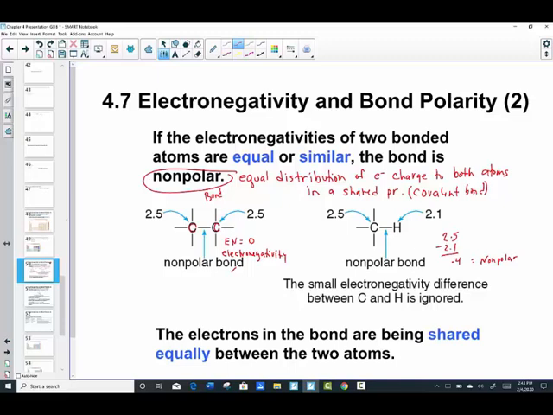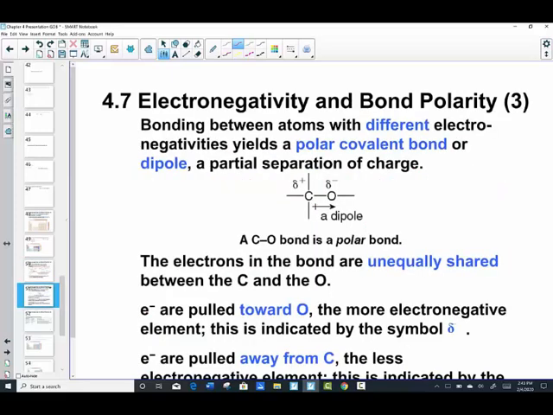That means the bond has an equal distribution of electrons between the two atoms sharing the pair. So nonpolar bonds are an equal sharing of electrons. Remember, any atom bonded to itself would have a 0 difference, and carbon to hydrogen is also a very common example of a nonpolar bond.